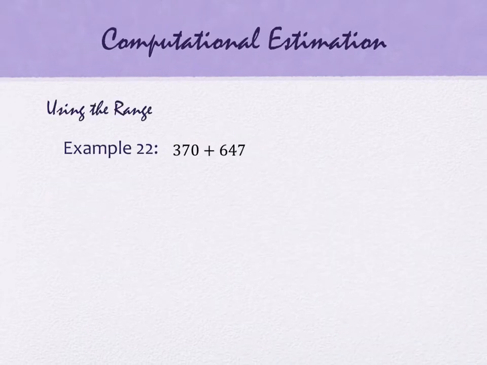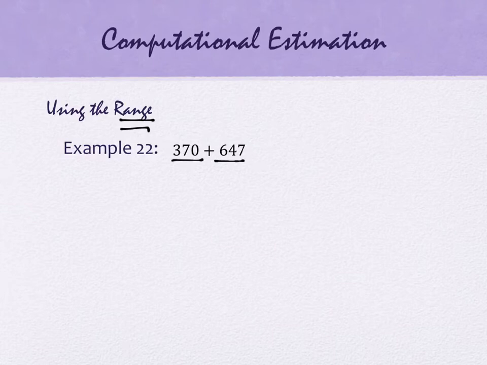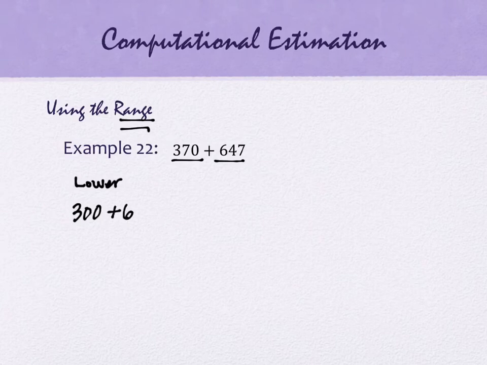Our last example of approximation or computational estimation is called using the range. I'm sure you've heard the word range before, and it means lots of things. Here we're using it to describe a range of values. So what we're going to do is take our two values and round them both up, and take the two values and round them both down. Let me show you. We'll do the rounding down first. We're going to take each of our values, so 370, and make it 300, and then 647 and make it 600.